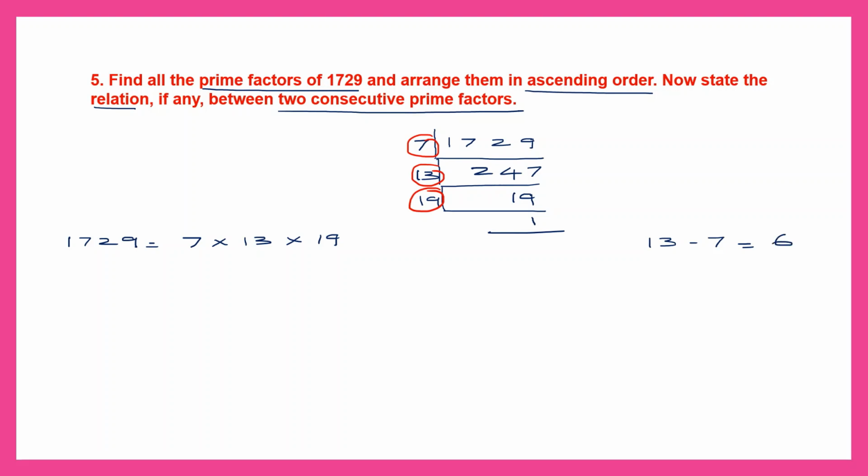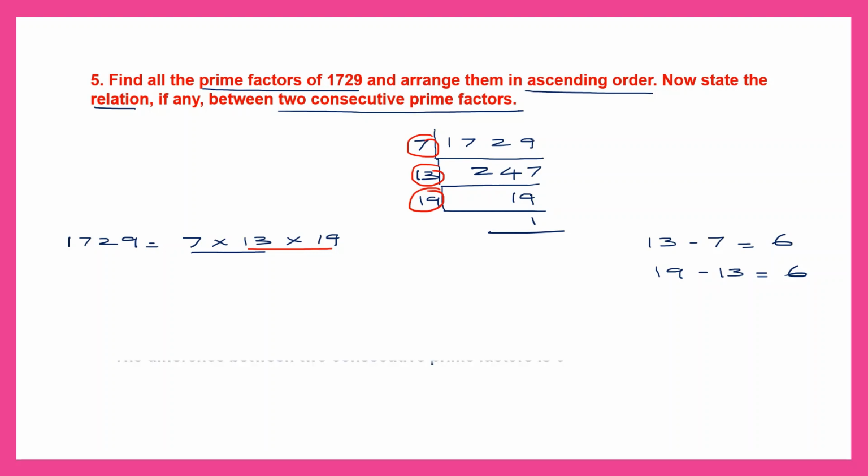Now let's take 13 and 19 and try the same thing. 19 minus 13 is also 6. So can you see the relation? The relation between two consecutive prime factors is 6.